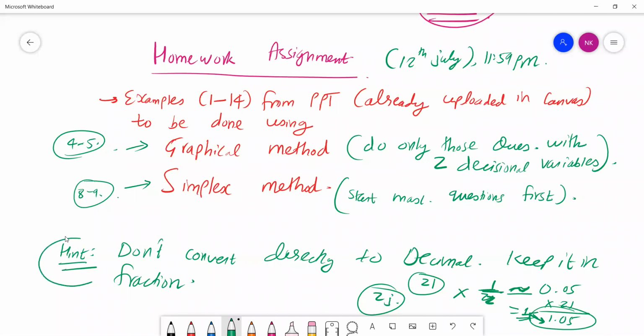None of the books will have mentioned this hint because this is not what is to be exposed, but this is what comes while practicing. So that is the reason I am giving you the hint: don't convert directly to the decimal, keep it in fraction. In some places or others, these fractions will get converted to either integers or simpler numbers. So don't convert it to decimal, the errors will get accumulated in the next stages also.